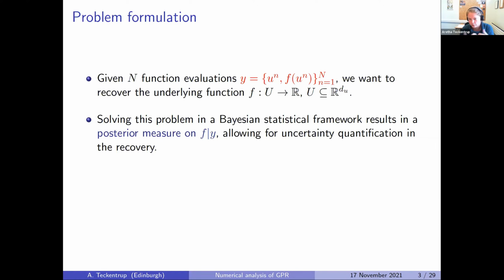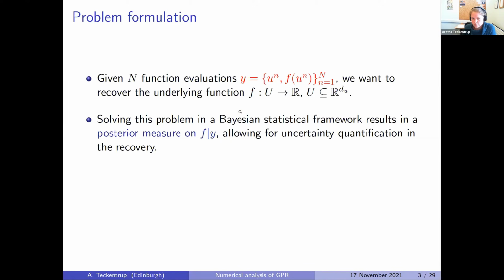The f could have very steep gradients and all things like that, which make the function f quite complicated and quite difficult to learn. And so this is, as I said, the problem that I'm interested in. The way I'm going to solve it is in a statistical framework, in particular a Bayesian statistical framework.